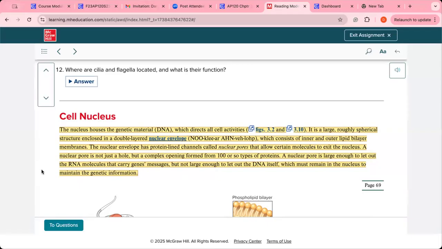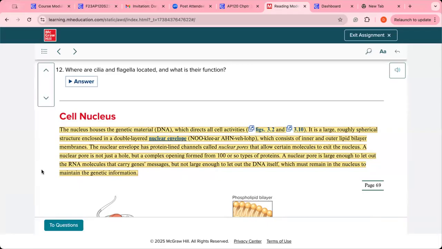Nuclear pores are large enough to let out the RNA molecules, but not large enough to let out the DNA itself, which must remain in the nucleus to maintain the genetic information.